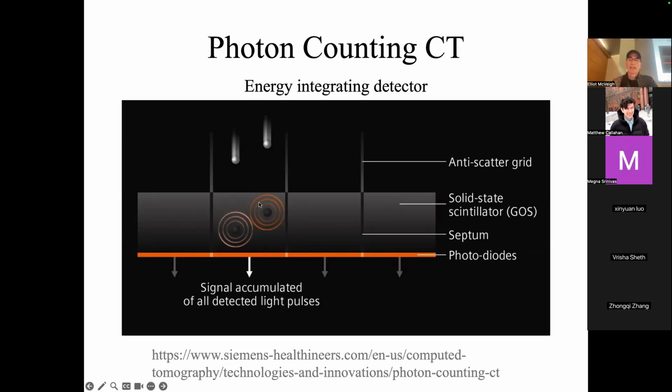You don't want the light, for example, spreading over to this one, right? And here, if that X-ray came down here, this is a photodiode which sees visible light and turns it into a voltage, okay? And then the voltage is measured back at electronics. And so you get voltage blips from your energy integrating detector, and a voltage blip corresponds to X-rays hitting your target, right? Or your detector.